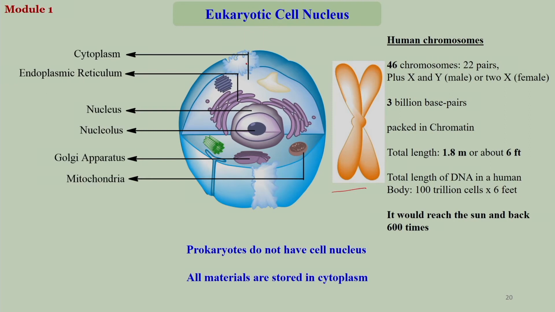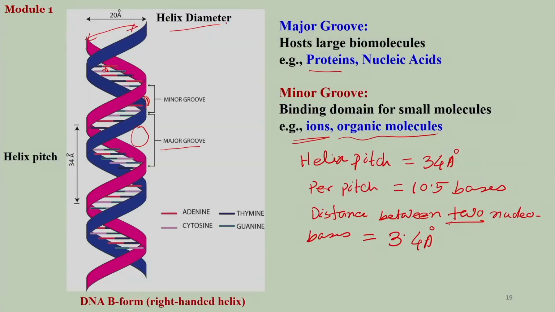So, now some statistics. As I have said, the distance between two nucleobases is around 3.4 angstrom. Now, if you look at the total amount of human DNA, in every human cell we have around 3 billion base pairs.